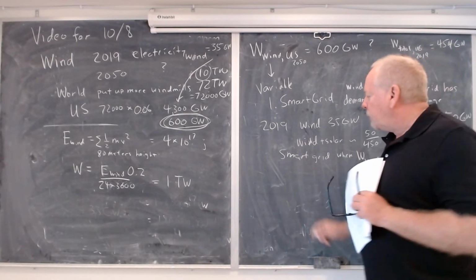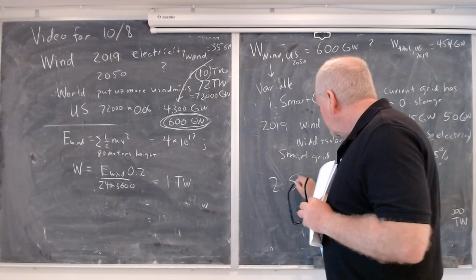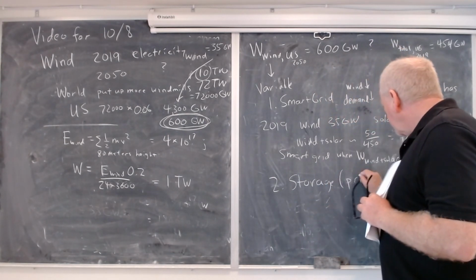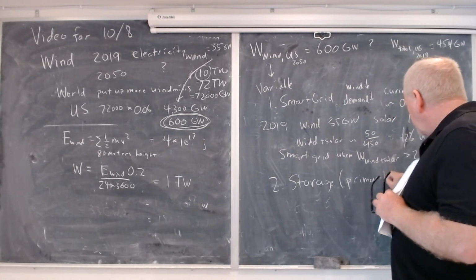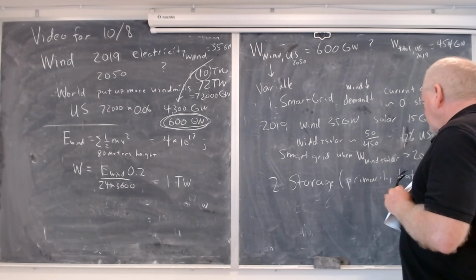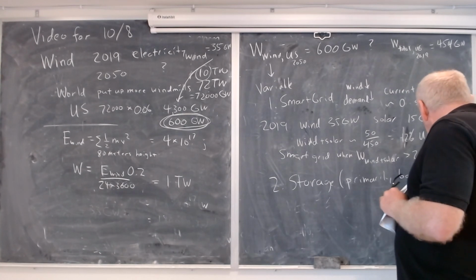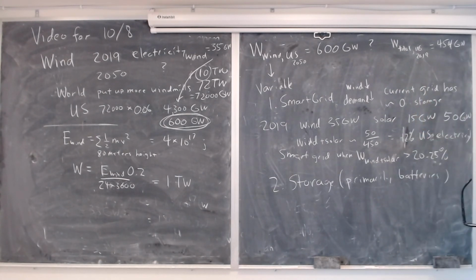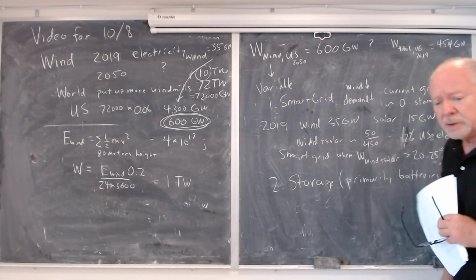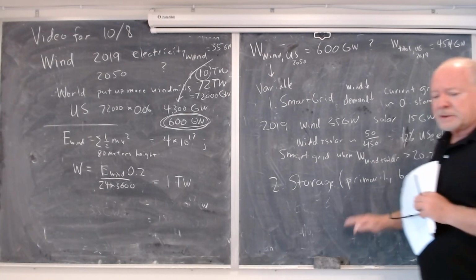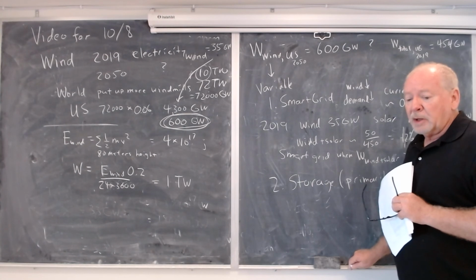Now, how long would it work? Because the next step is storage, which is primarily batteries. Right now, as I mentioned, there's very little storage in the electrical distribution system, and so you get the idea that if we had substantial storage, it would be a lot of batteries.